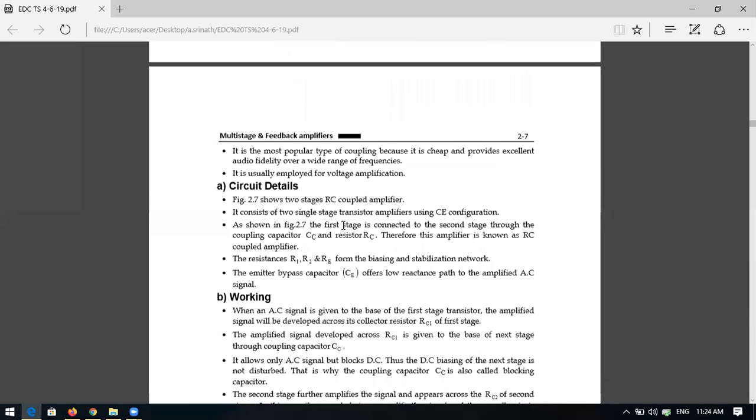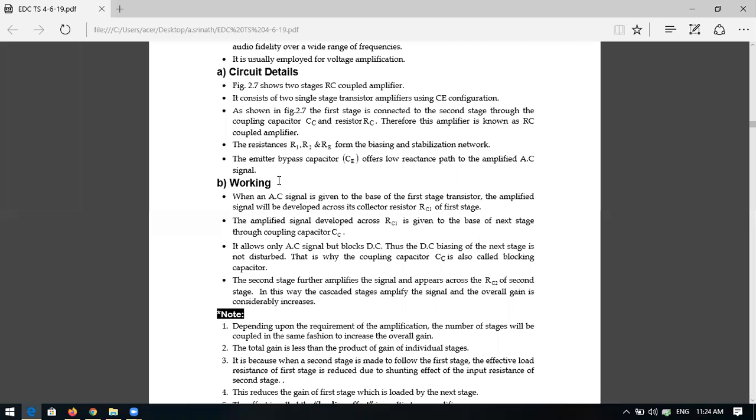The emitter bypass capacitor CE offers a low reactance path to the amplified AC signal. So it provides low reactance, which means a high voltage gain. Reactance is low, that is resistance is low, which means current flow is more, that means gain also increases.